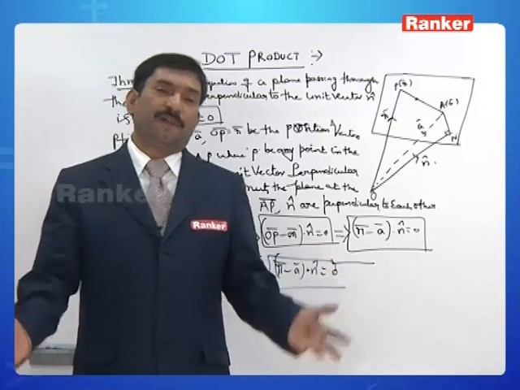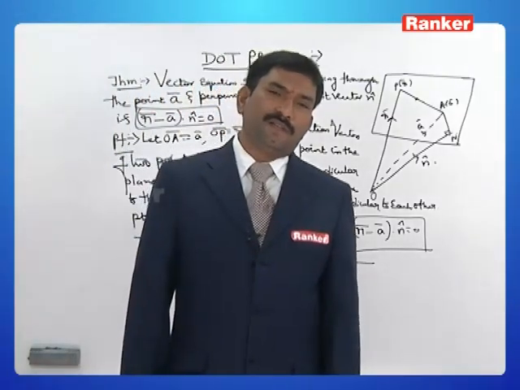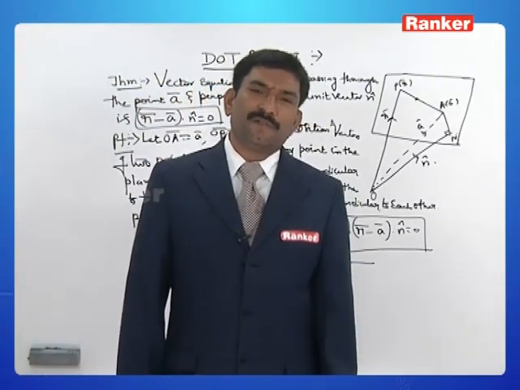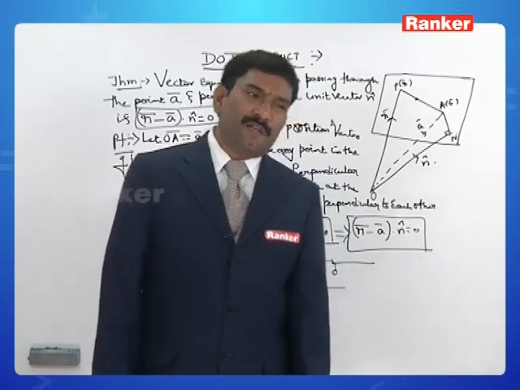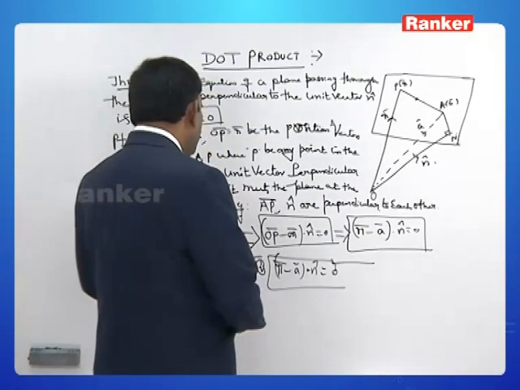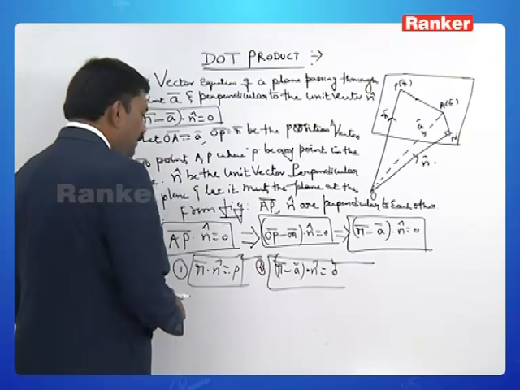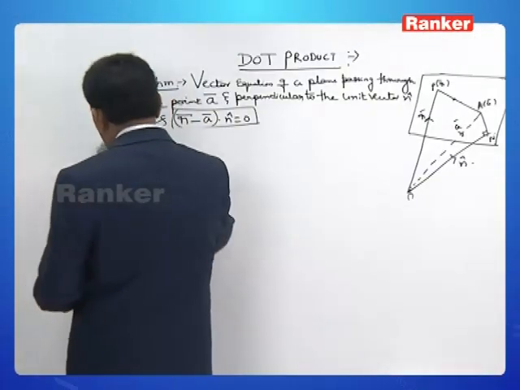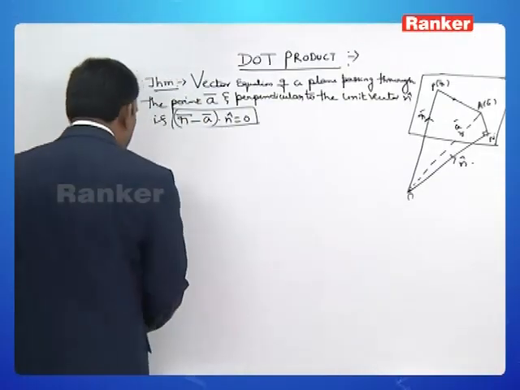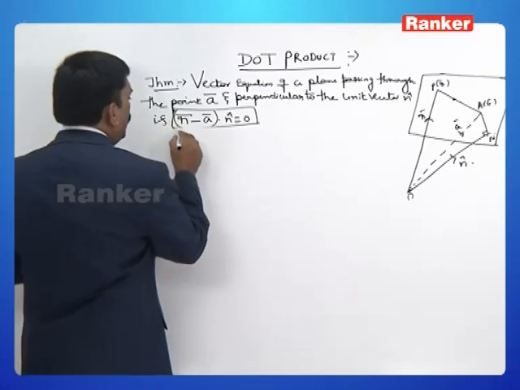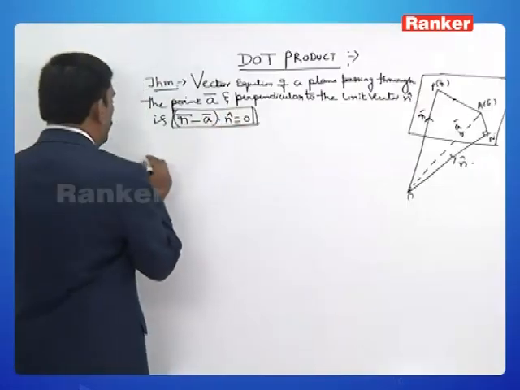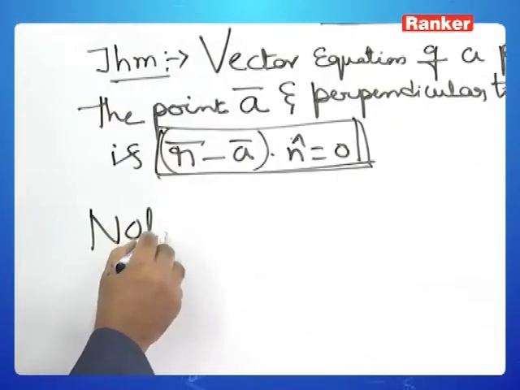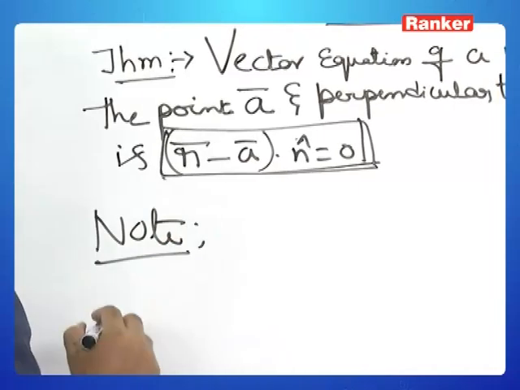We can find the Cartesian equation of a plane passing through it. Followed? Now from this, we have good applications in the examination, a good questionnaire will be there, very logical and skillful. Note that.